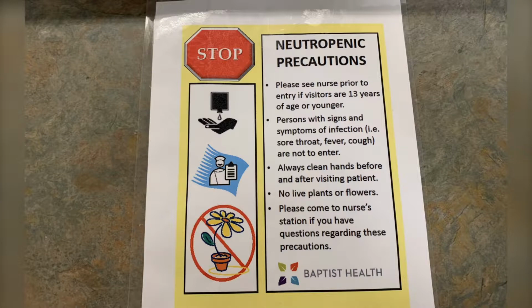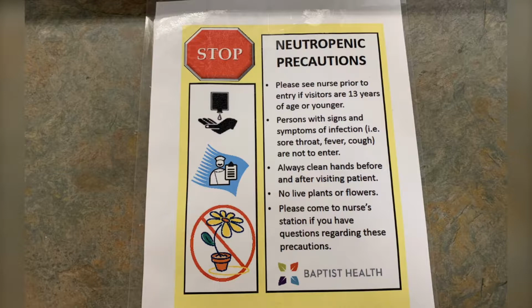If you yourself have an infection, you are not to enter because these patients can get that infection very easily. If you have a patient that has another kind of infection that's on precautions, you cannot also have a neutropenic patient because there is a chance for the cross-contamination.